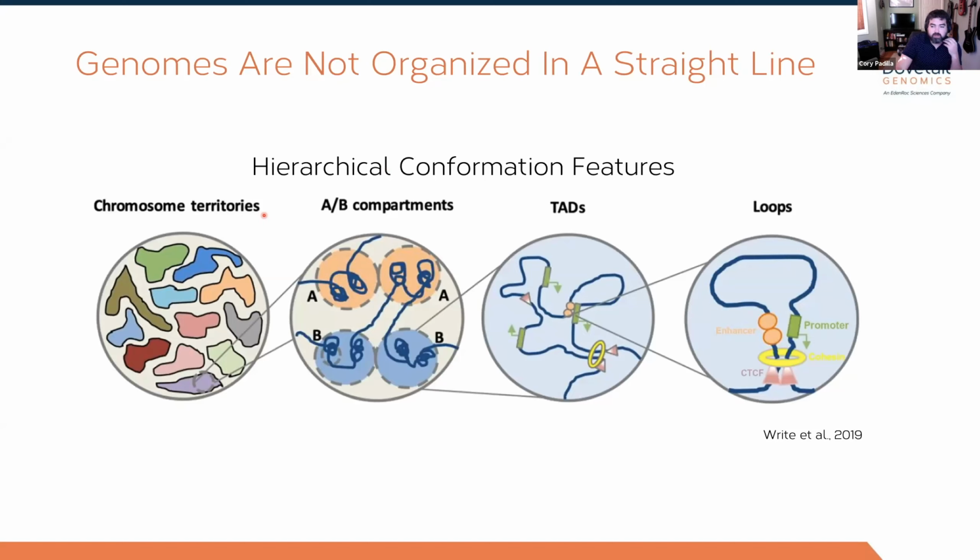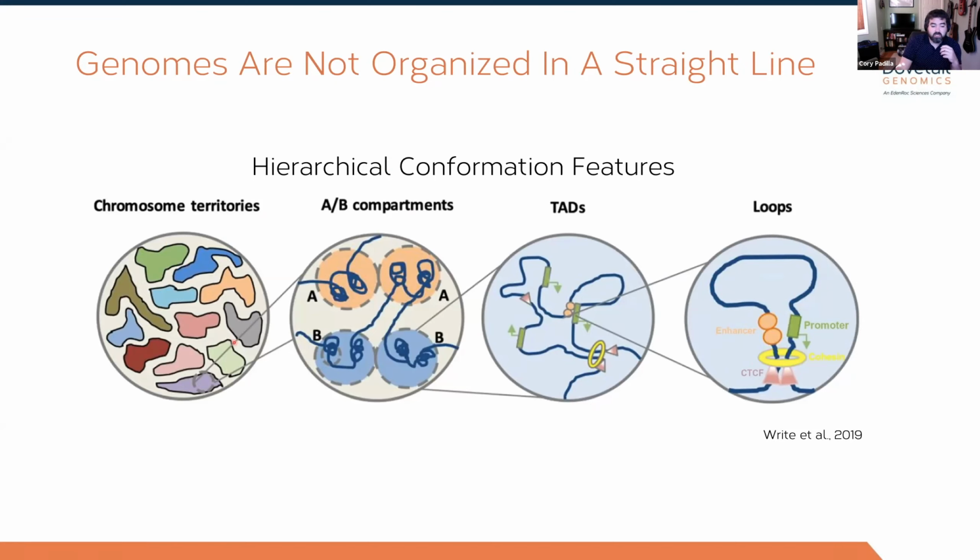And so this creates a hierarchical structure of folding events that actually has real ramifications for gene regulation. So if we look at the very large scale, the size of the nucleus, we have these chromosomal territories where different chromatin is packed in different compartments of the nucleus.